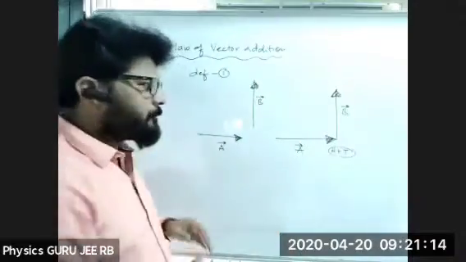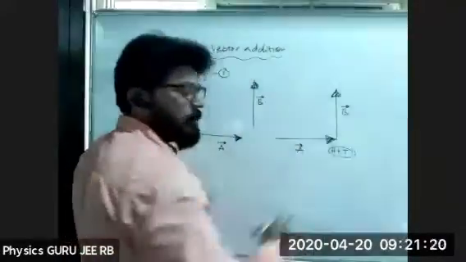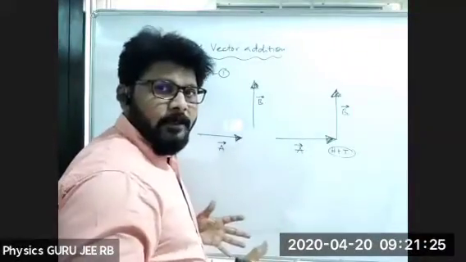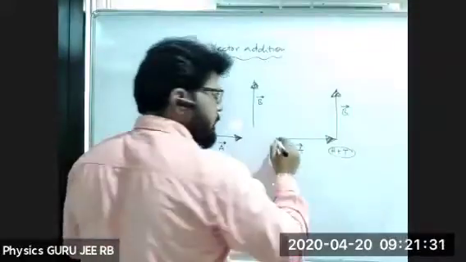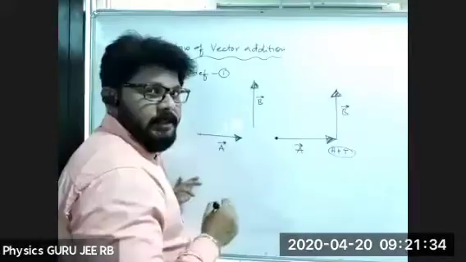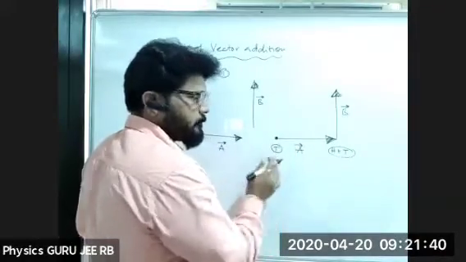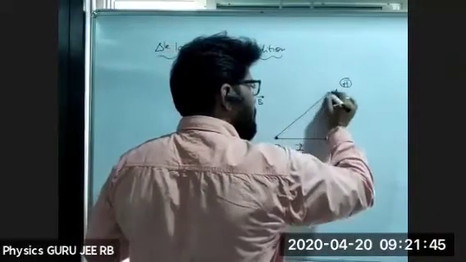Then we can use the parallelogram law of vector addition. Now, without a parallel shift of A and without making tail to tail, keep it head to tail. If you want to calculate the resultant of these two vectors, according to the triangle law, draw a resultant starting from the tail of the first vector to the head of the last vector, just joining the line.